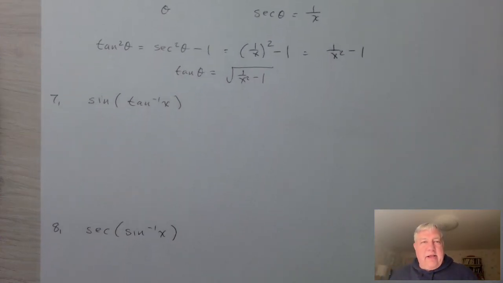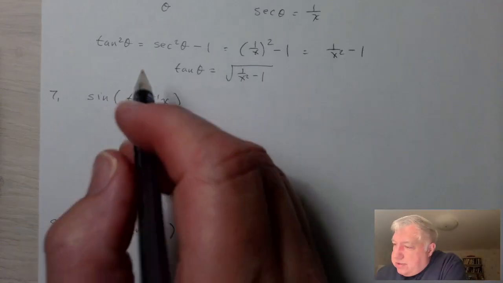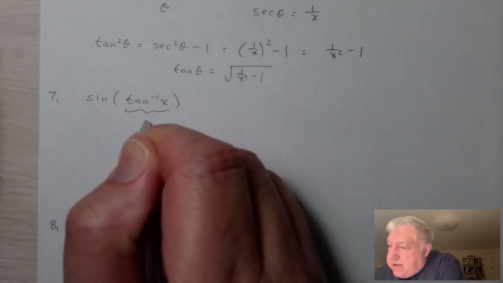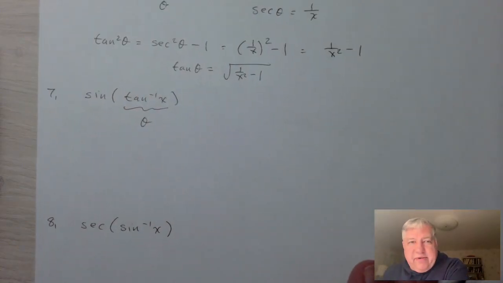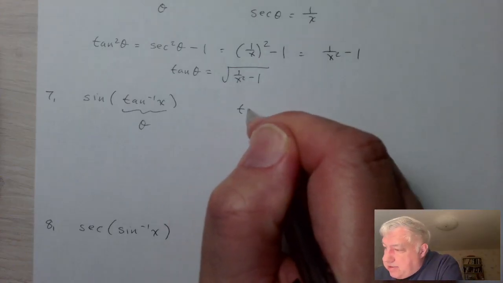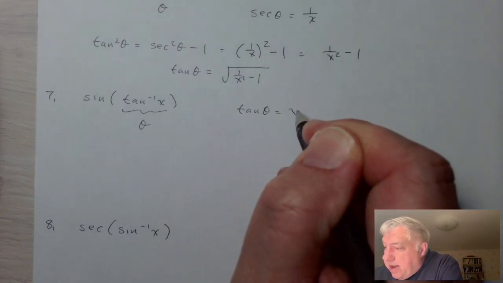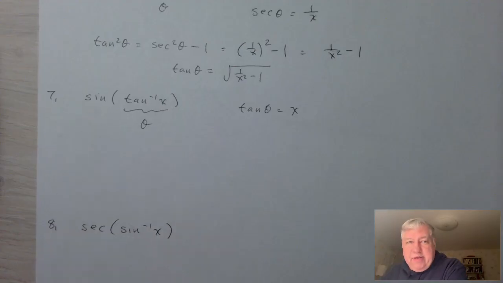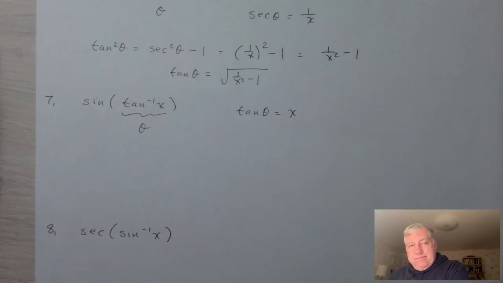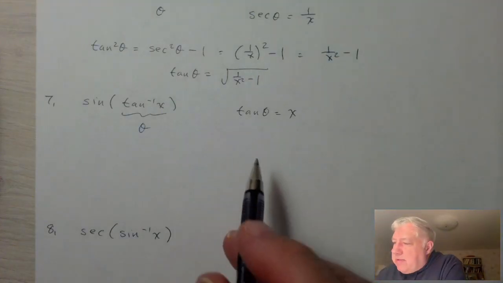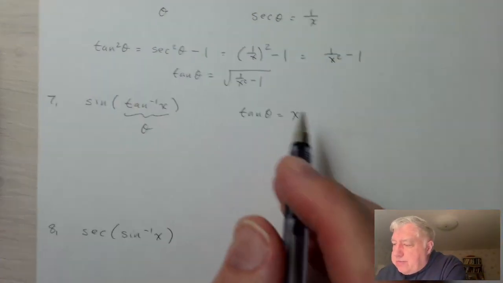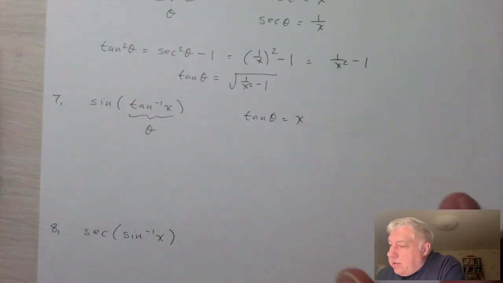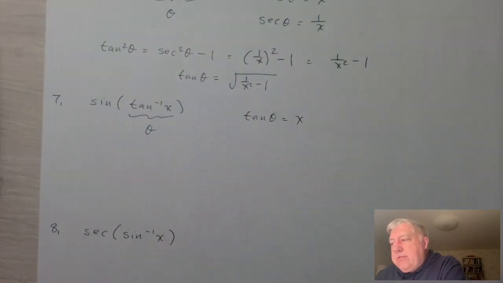About the sine of the inverse tangent, let's let theta be the inverse tangent of x. So the tangent of theta is equal to x. We're looking for some information about the sine of theta. So we actually have to do a little bit of work here, not too much. The easiest way to do this, well, take your pick.